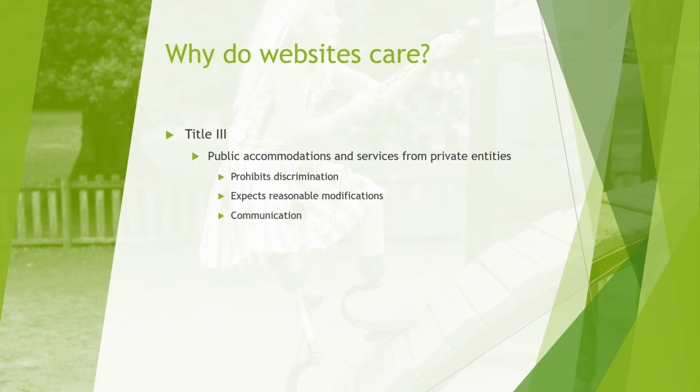And the justice system has determined that websites and such domains are a public space, and so there has to be ways for us to provide reasonable modifications and ways for communication for all people.